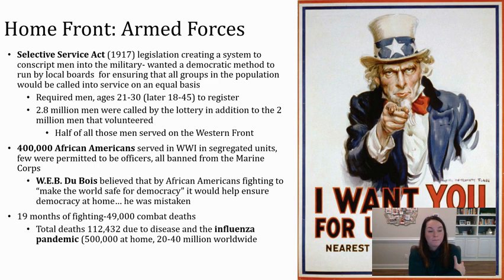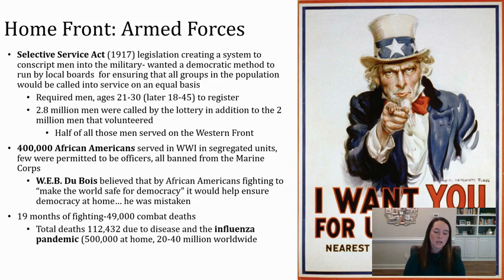So the Selective Service Act is passed in 1917, and it creates the system of conscription. During the Civil War, there was the Conscription Act, which just established, here, we're going to draft these people. The Selective Service Act was designed to be a more democratic method.